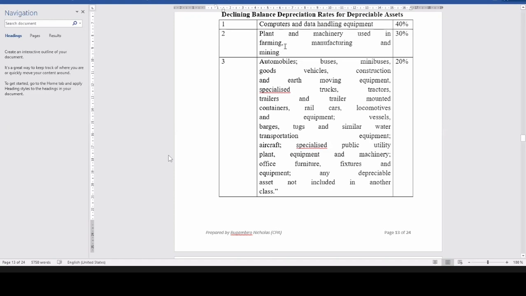It is okay to be in class 2. So class 2 is plant and machinery used in farming, manufacturing, anything used in manufacturing. If you are talking about brick, there will be their equipment, provided they are not minor capital equipment.